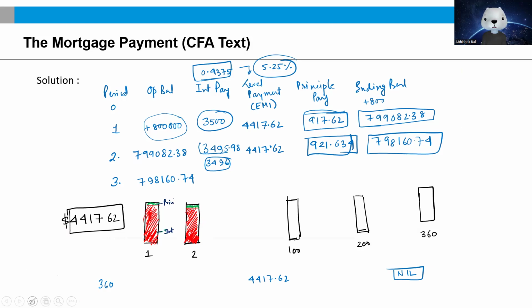And this will always be the case. This portion is interest payment, and this portion is your principal repayment.